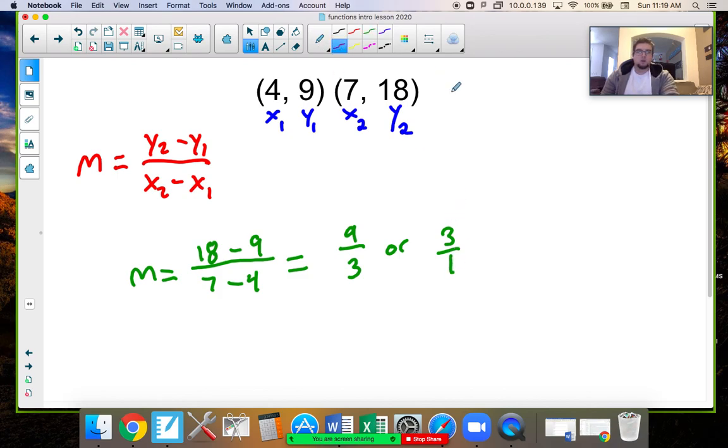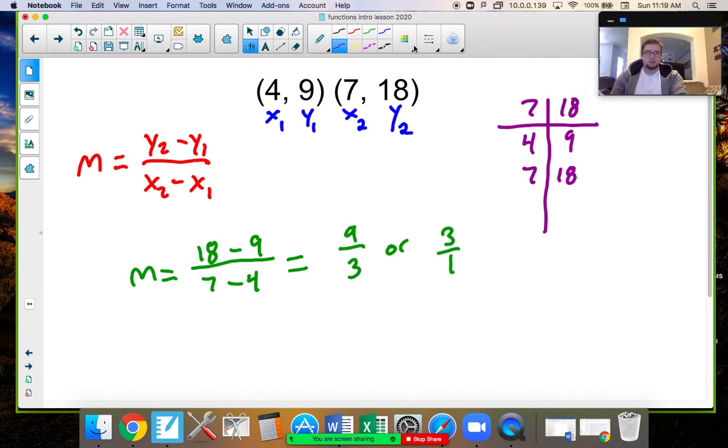Another way we could do ordered pairs, which I think can be a little bit simpler, is put them into a table like we just did on the last page. So 4 goes with 9, 7 goes with 18. Again, the order of these points doesn't matter. I could have the 7 and the 18 on the top. We just have to be careful about some things. And do the same thing. So from here to here, went down 9.